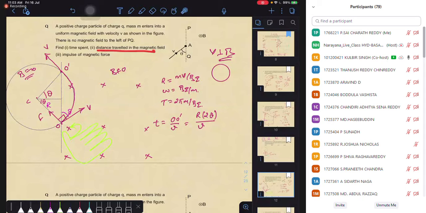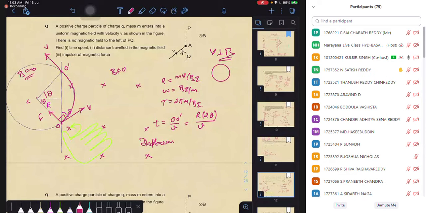They can ask distance. Distance is velocity into time. They can also ask displacement. Distance is not tough here. Displacement, if they ask, is slightly tougher. So what is my displacement? Displacement here is this vector OO dash.